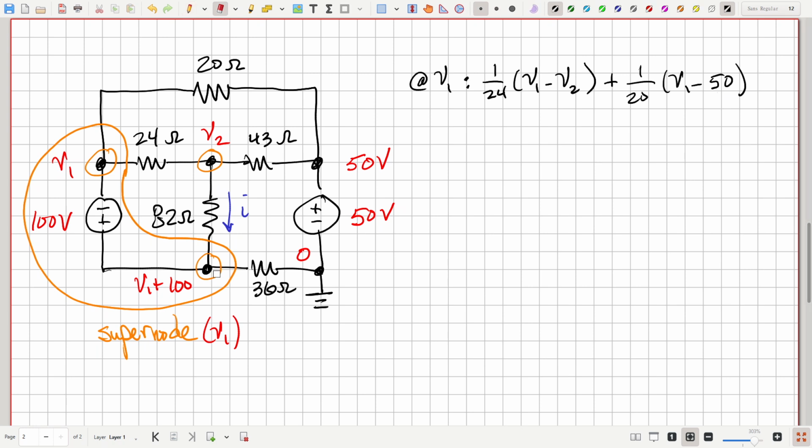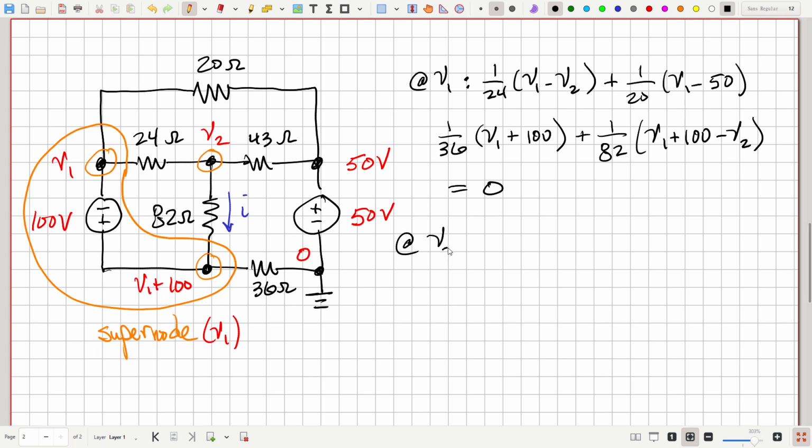We didn't have the current through the 36 ohm resistor. That's V1 plus 100 minus 0 over 36. And then finally, the current flowing out through the 82 ohm resistor. That's V1 plus 100 minus V2 over 82. And that sum there is equal to 0. So there's our first equation.